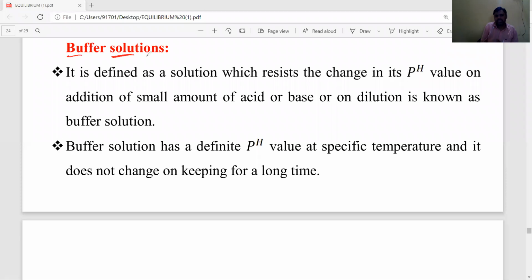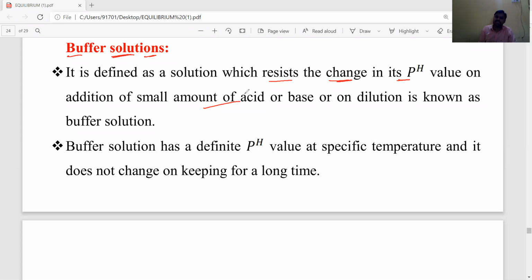What is a buffer solution? Let's see the definition. It is defined as the solution which resists the change in its pH. Resist the change means the pH value cannot change. So the solution whose pH value is not changing by the addition of a small amount of acids, or a small amount of bases, or on dilution, means adding excess water, the pH value is not changing.